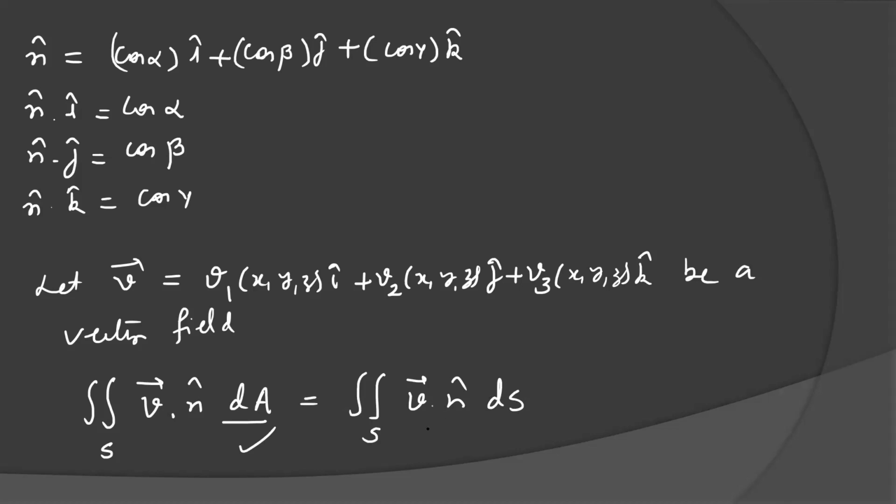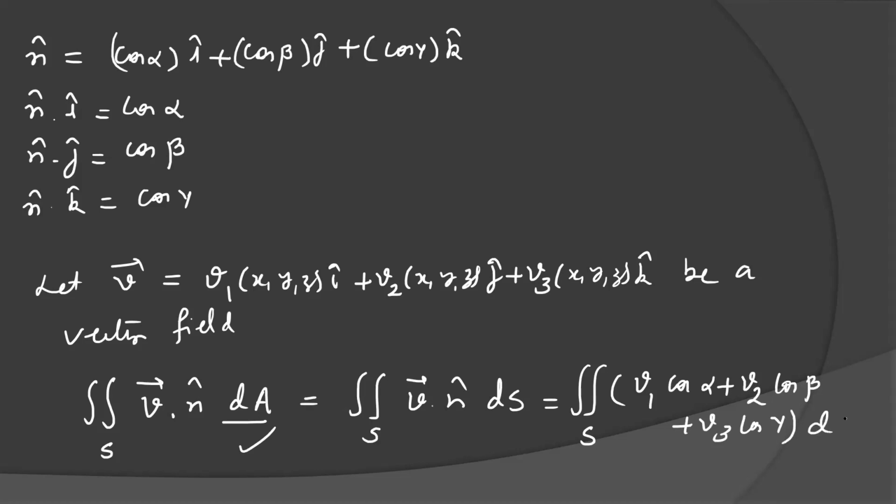If you substitute the values of v and n, you will get the integral over surface S of (v1 cos alpha plus v2 cos beta plus v3 cos gamma) dA. If you take the dot product, you will get this type of expression.